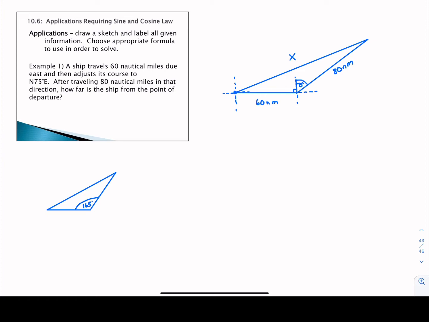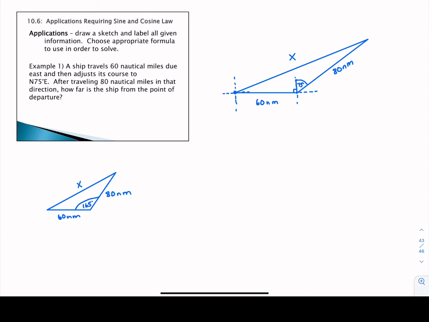We still have a side leg of 60 nautical miles, and we have another side leg measuring 80 nautical miles. And what we're looking for is X, the distance from the point of departure to where that ship has stopped. So there's only one side length missing, and we have to decide whether sine law or cosine law is going to be useful in this case.